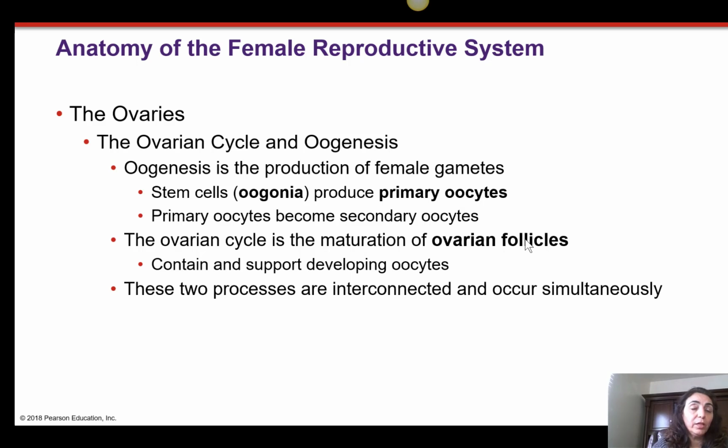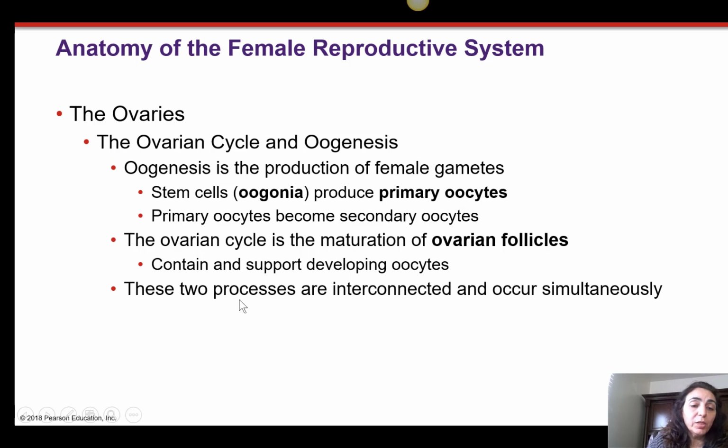It might be only one layer, or later, as they develop, it might become many more layers, right? All these things together, the oocyte inside and all the cells surrounding it, are called the follicle. That's the definition of the ovarian follicles, which develop and mature under the influence of hormones that we're going to talk about.